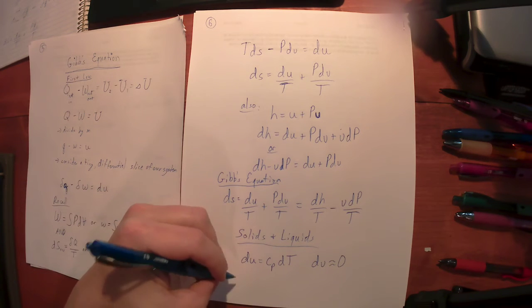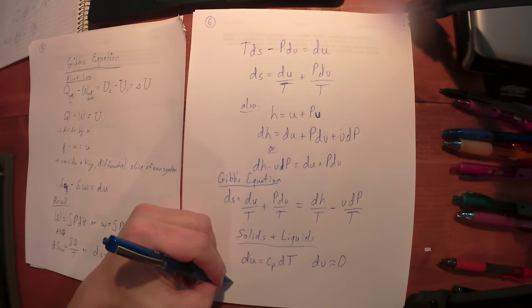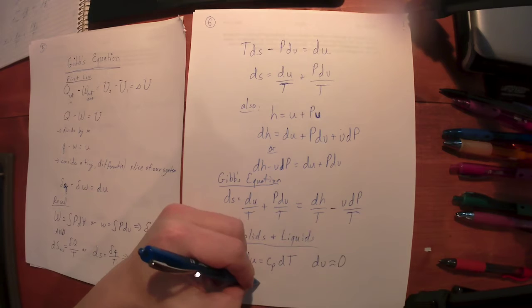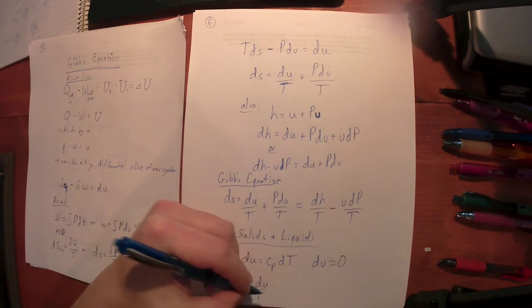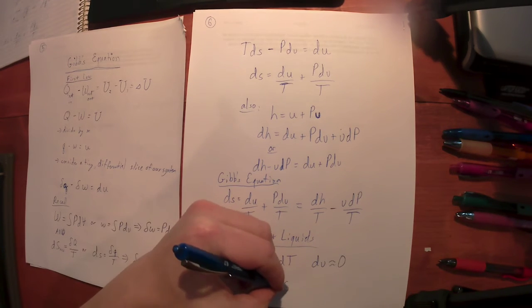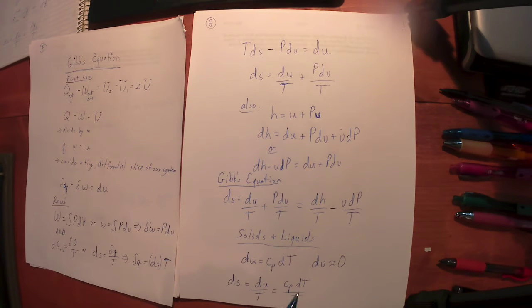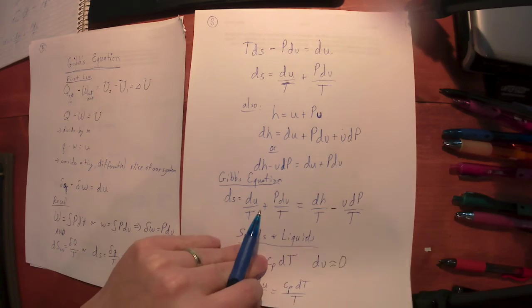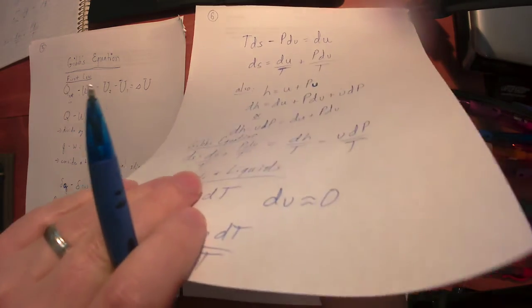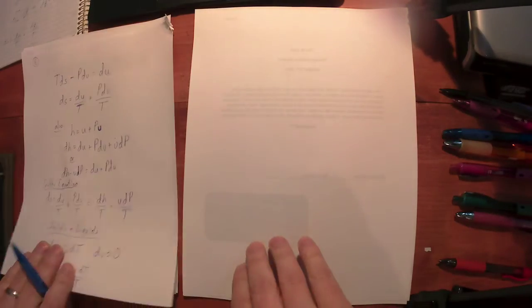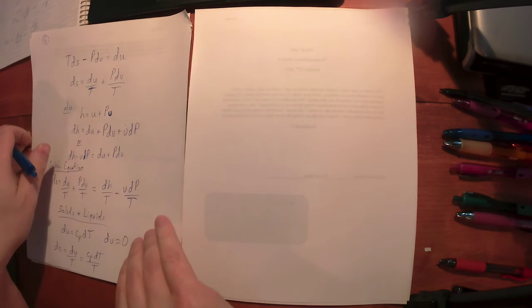So for solids and liquids, ds essentially is equal to this du over T, which we can say is C sub p dT over T, the specific heat times the change in temperature divided by temperature. Okay? Now, still a differential equation. Still, I don't know how helpful that is for us yet. Let's see if we can get this to a helpful form.